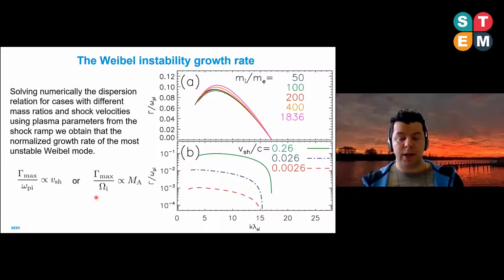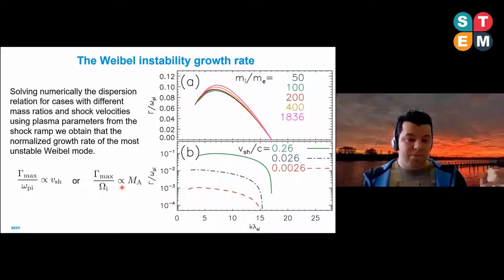But what's interesting is that the dynamics of these shocks is defined by the ion gyro time. So this value demonstrates how many growth rates of the Weibel instability you have inside the shock. It means that this value only depends on the Mach number. It does not depend on the shock velocity.